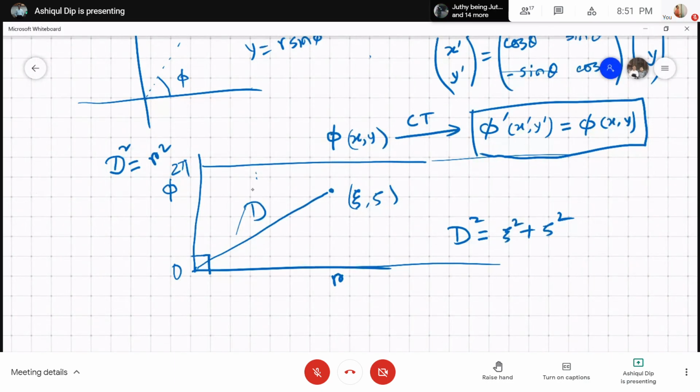So this gives rise to an important concept, the metric tensor. We'll see that later. That thing is associated with a space itself, and it tells how to measure the distance.